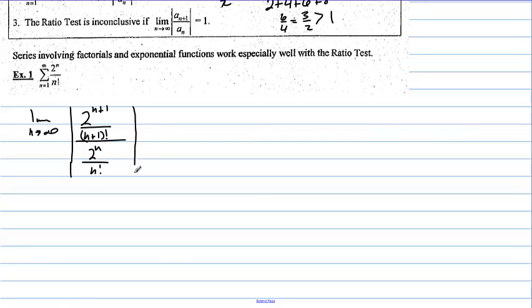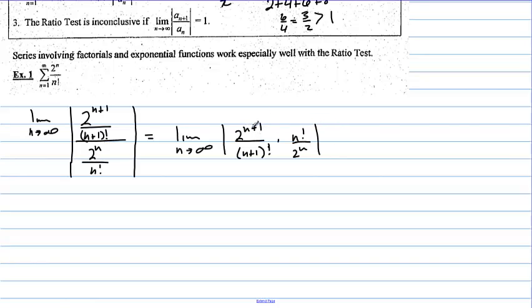And if this ratio is greater than 1, then this thing is shooting off to infinity and it's diverging. Well, instead of dividing, we really want to multiply by the reciprocal. So this becomes 2 to the n plus 1 over n plus 1 factorial, times n factorial over 2 to the n.